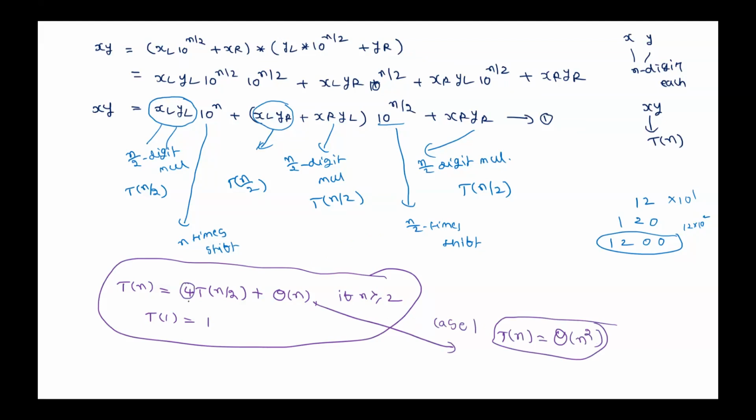Instead of 4 here, someone gets only 3. They are able to solve it with 3 subproblems of size n by 2. Automatically it is improved. That's what Karatsuba has done. That means what is the recurrence in Karatsuba's large integer multiplication? Instead of 4, it has 3. This is Karatsuba's. That we will discuss in the next class. I stop here.